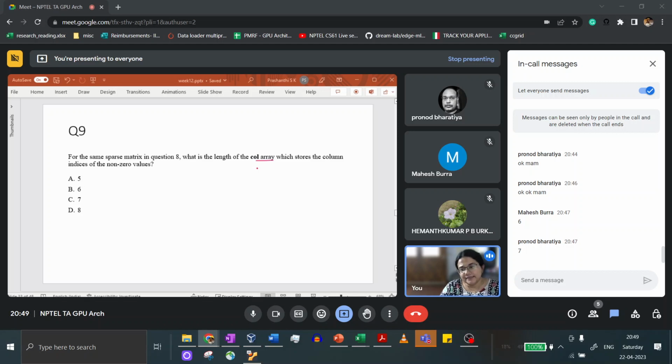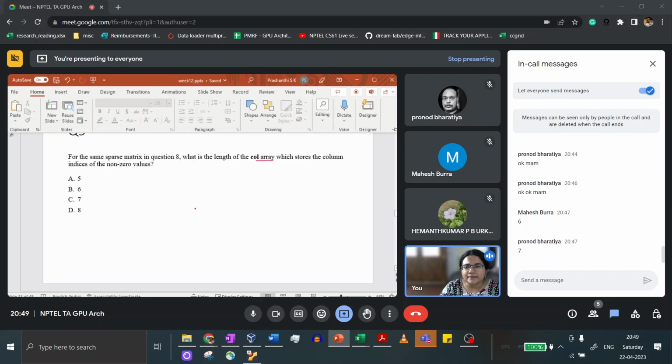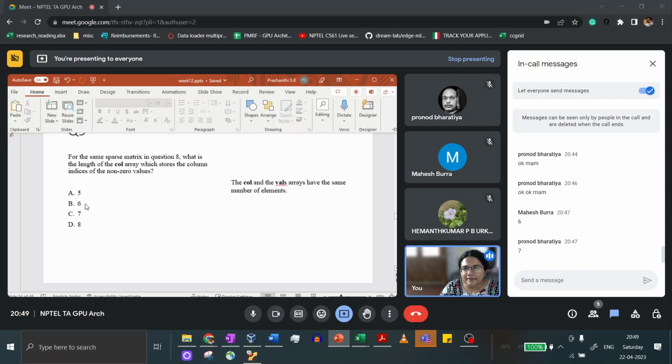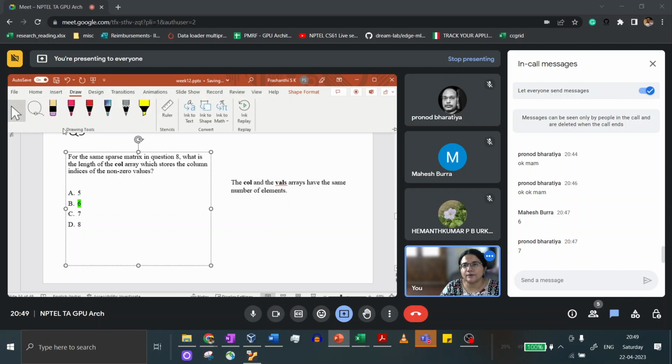If not, let's take a look. This is also straightforward. Okay, this is not highlighted. Sorry about that. So the col and the vals have the same number of elements. So this would be 6 as well.